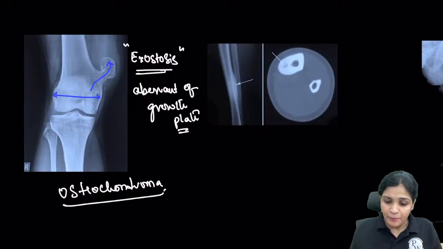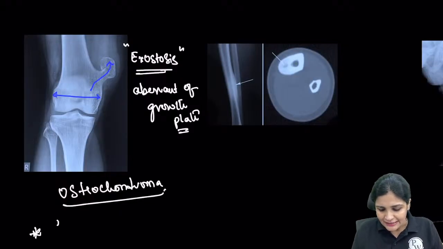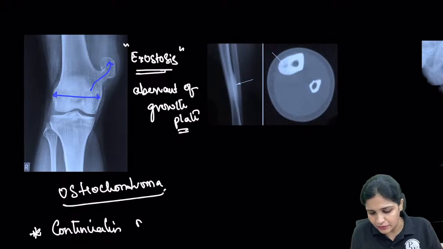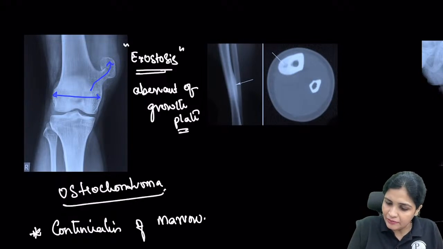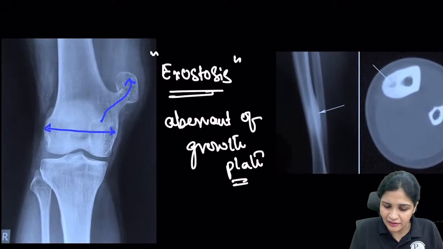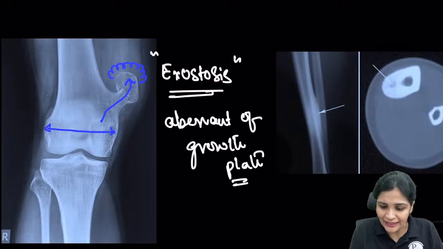What is the one important feature you have to remember for exostosis? You see there is a continuation of the marrow. Right? So there are three important features you have to identify here. This is the cartilage cap which is present over the bone, which is usually not seen on the X-ray.